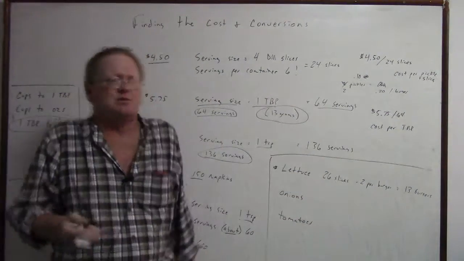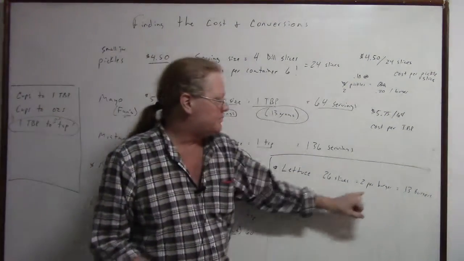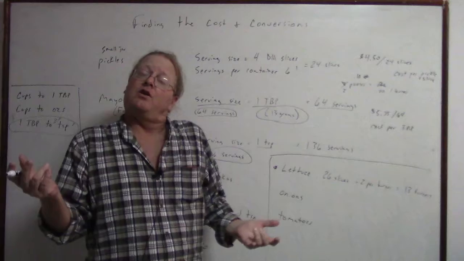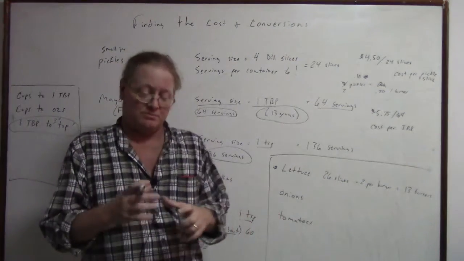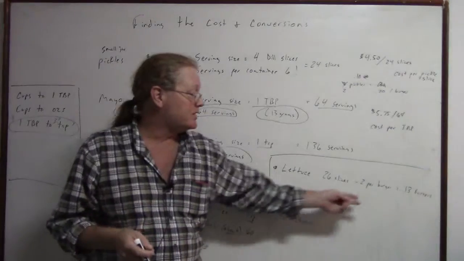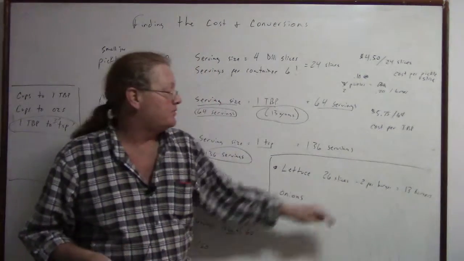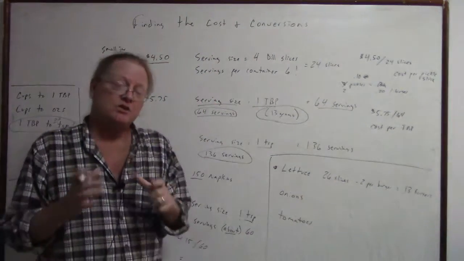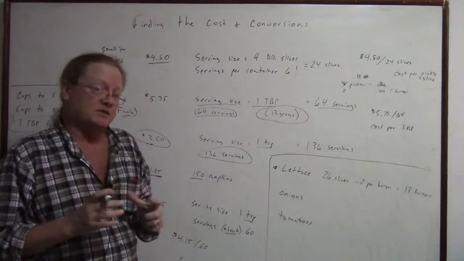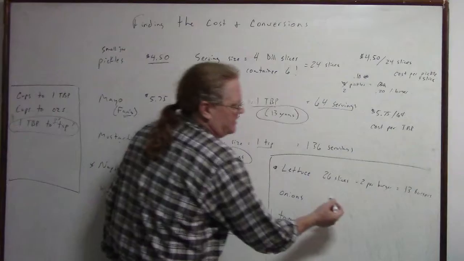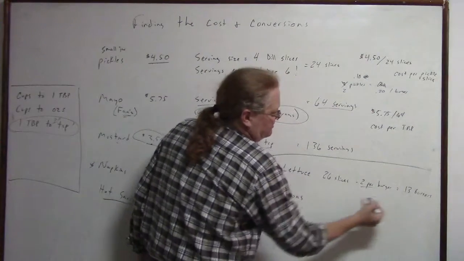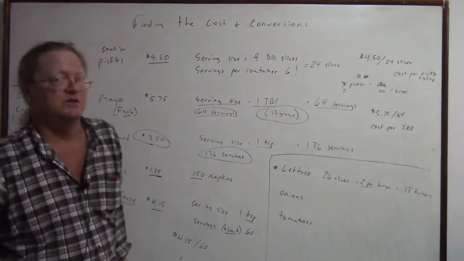You'll have to go to the grocery store and buy lettuce before you make your salad. Chop it up into burger size pieces, and then we find out how much the cost of the slice of lettuce is, or leaf of lettuce. And if we want 2 on each burger, then we can figure out the cost of the lettuce.